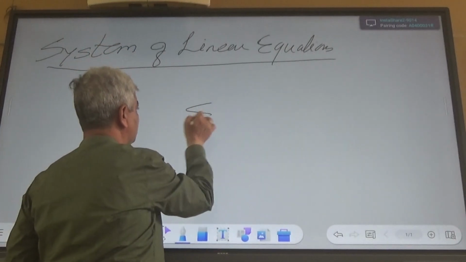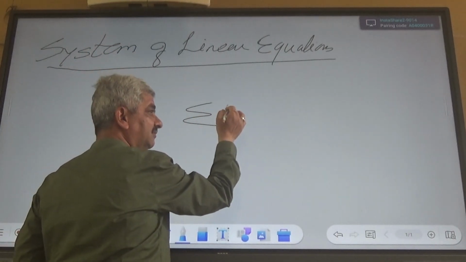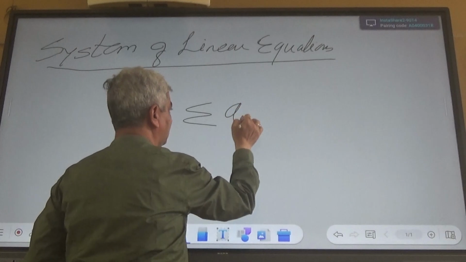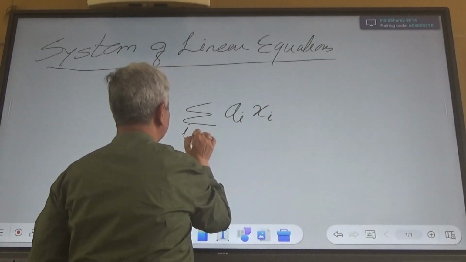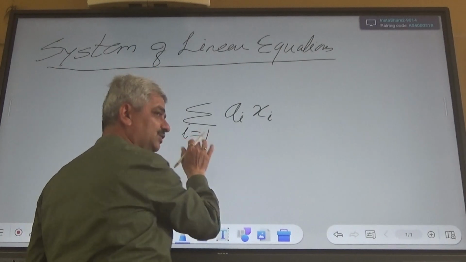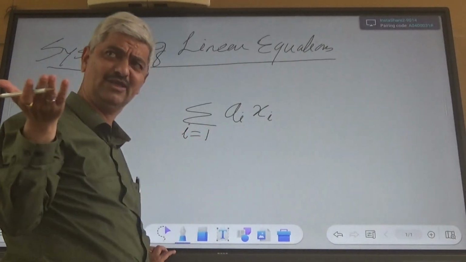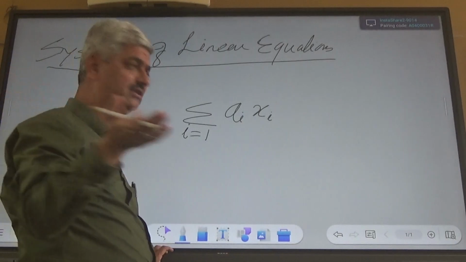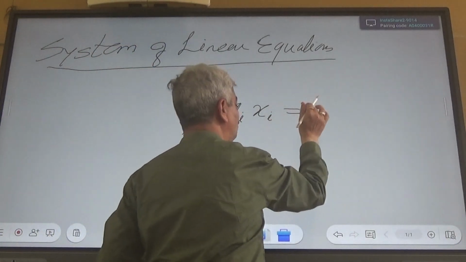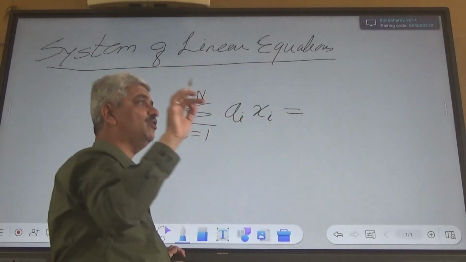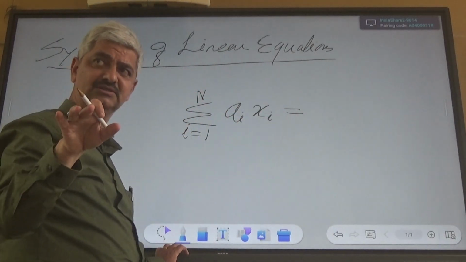So summation of ai xi, i starting from 1, not 0, it's a convention. A0 we can also use, A1 we can use. 1 to n is equal to some constant, right?